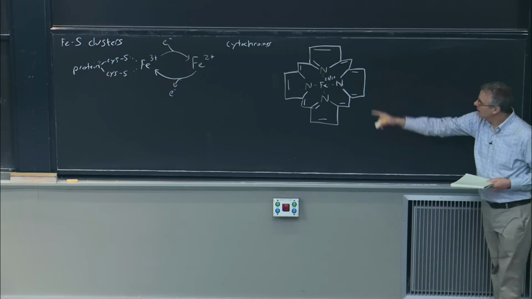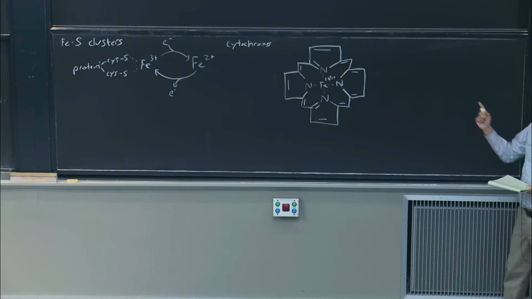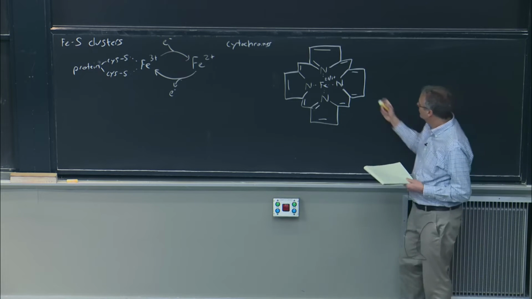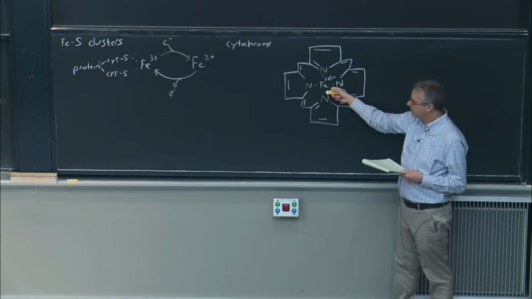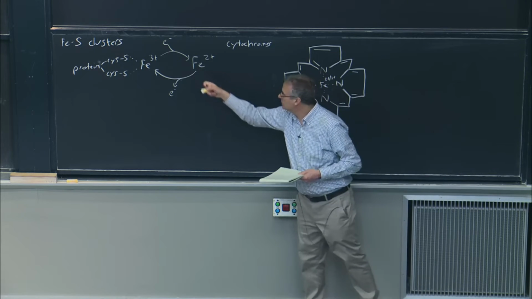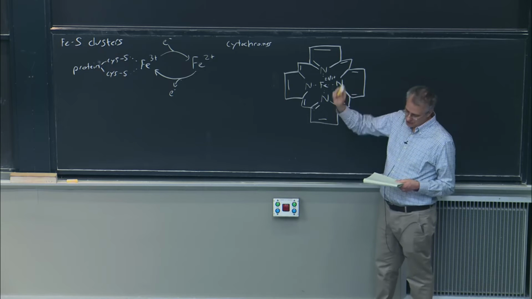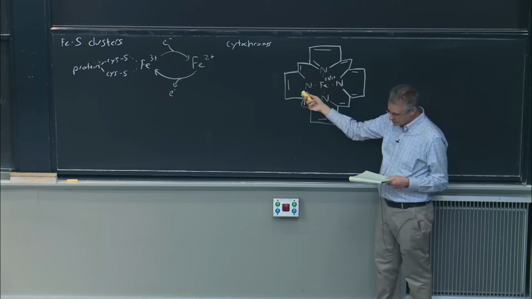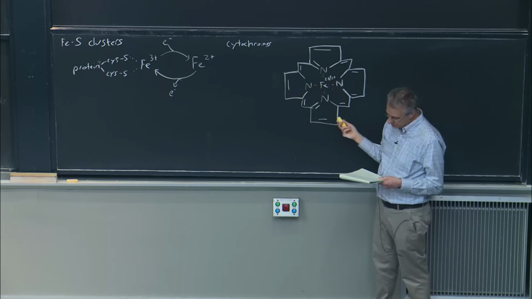Okay, lots of conjugated double bond systems in it. This should look very similar. Porphyrin is the thing on the outside, coordinates an iron atom in the middle. That can move between the 2+ and the 3+ state, just like we drew for iron sulfur clusters. So carry electrons, be oxidized or reduced, 3+ or 2+.